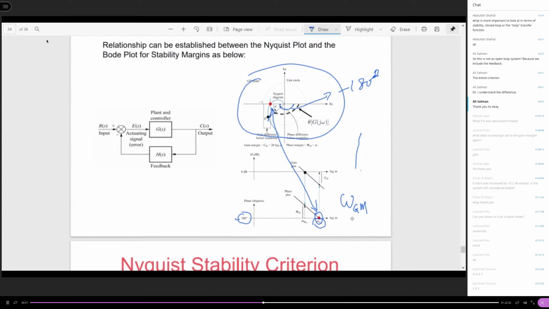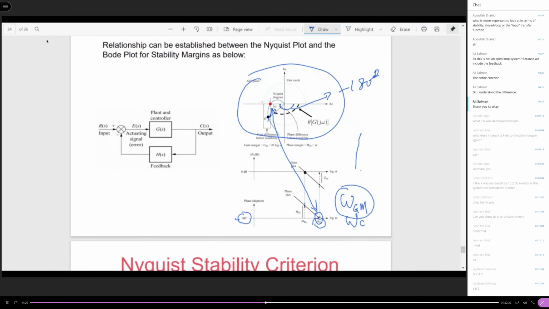In the book, the figure labels it omega C. It's okay, it's just a different symbol. So this one is going to be your gain margin crossover frequency.